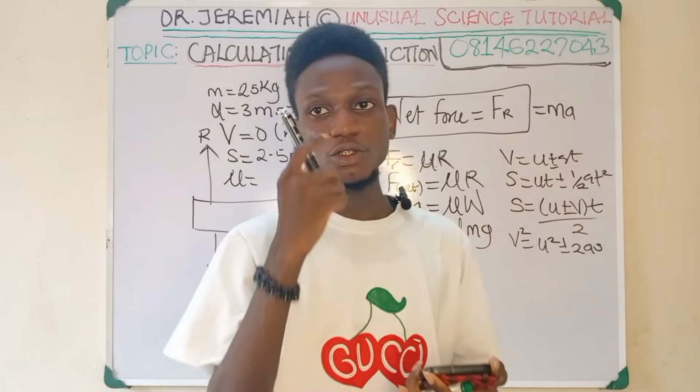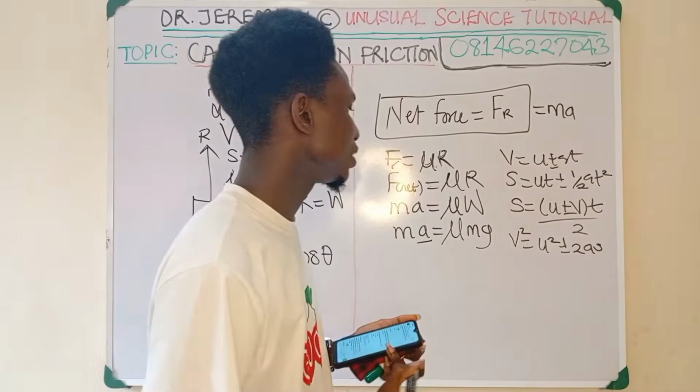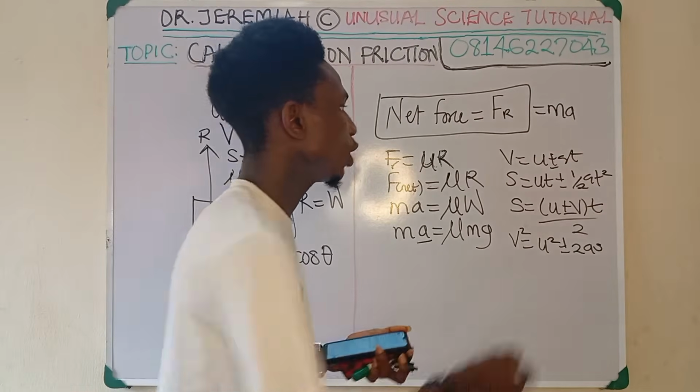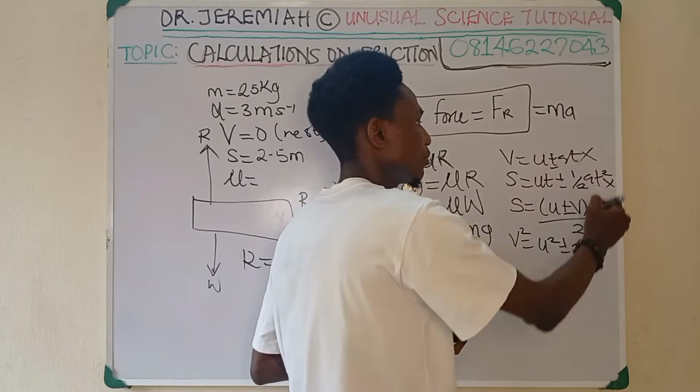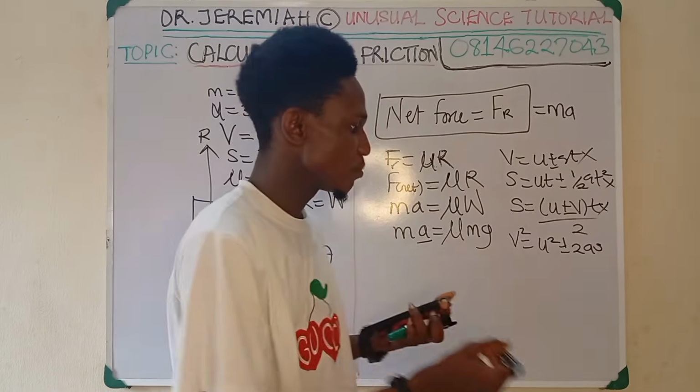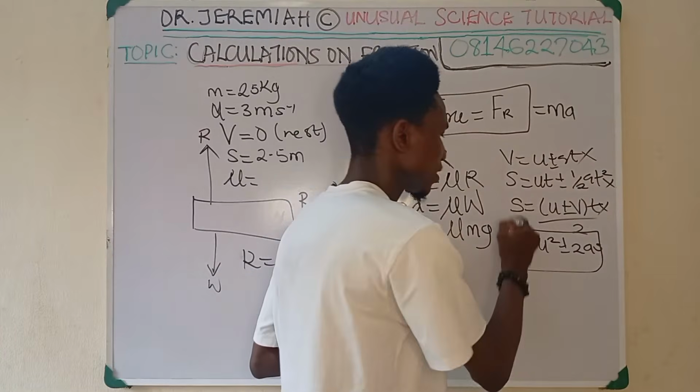Now, which one am I going to use to look for acceleration? We don't know time, so cancel out those with time. We don't know time, so I'm going to use the last one to look for acceleration.